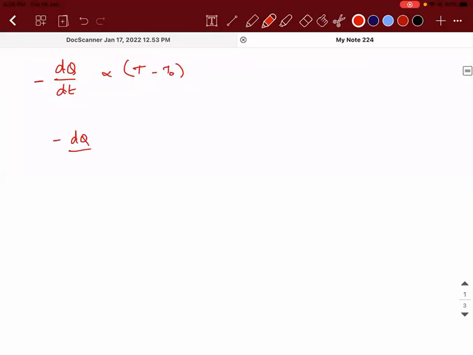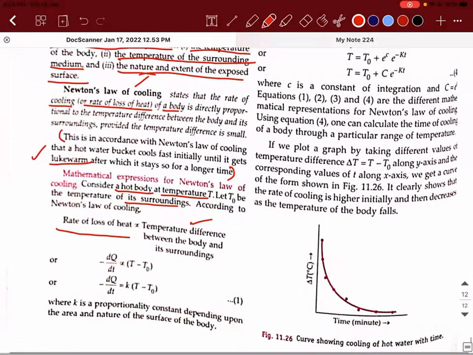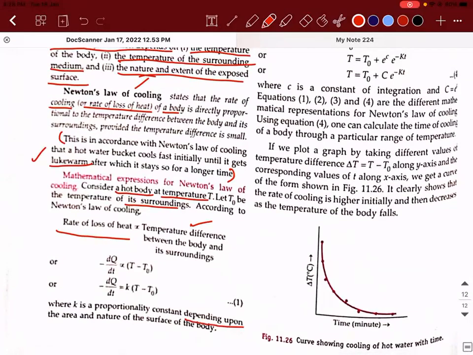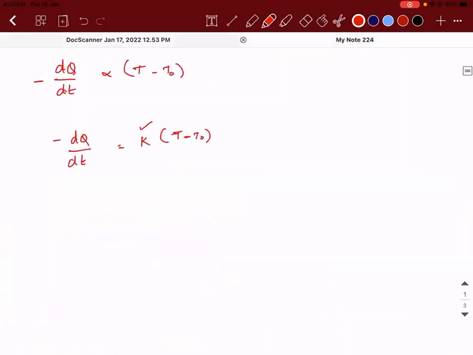So minus dq divided by dt will be equal to k times T minus T naught. This k here is some constant, the constant of proportionality, which depends upon the area and the nature of the surface of the object. Write it along with me. Let me write it as small k because we might get confused with thermal conductivity.